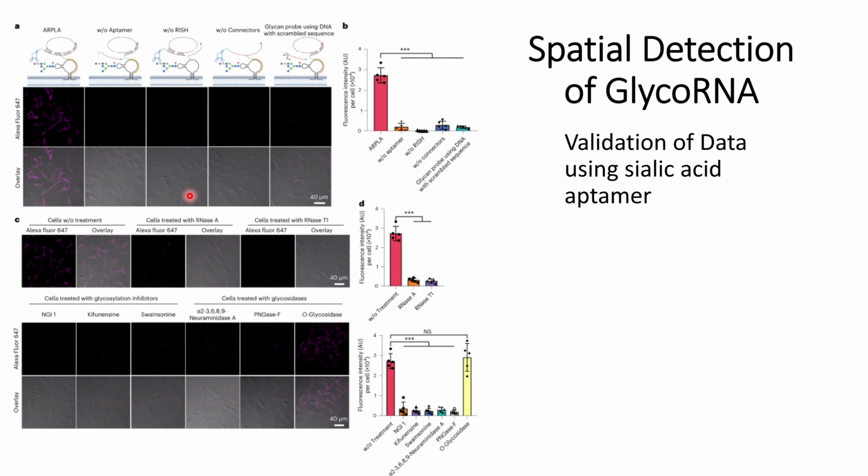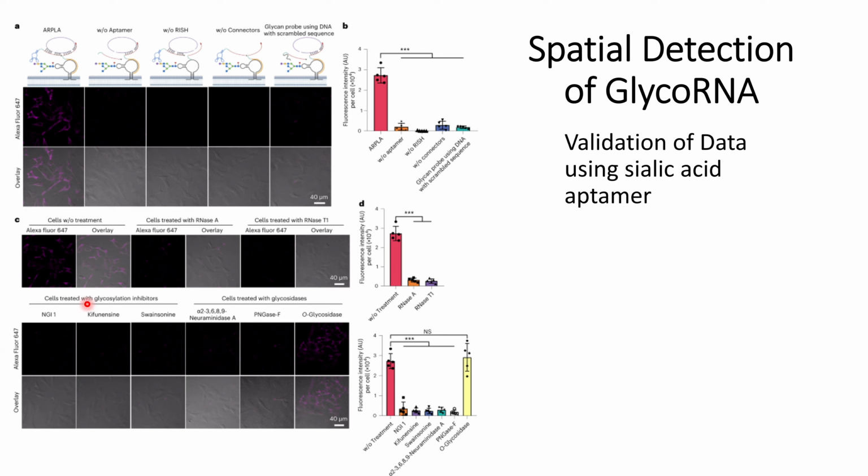When they treat the cells with RNase A, which leads to the degradation of RNA, they see very minimal signal, and similarly when they use RNase T1, they see very minimal or negligible signals. The quantitative analysis shows that without treatment has significantly higher signals compared to with treatment.